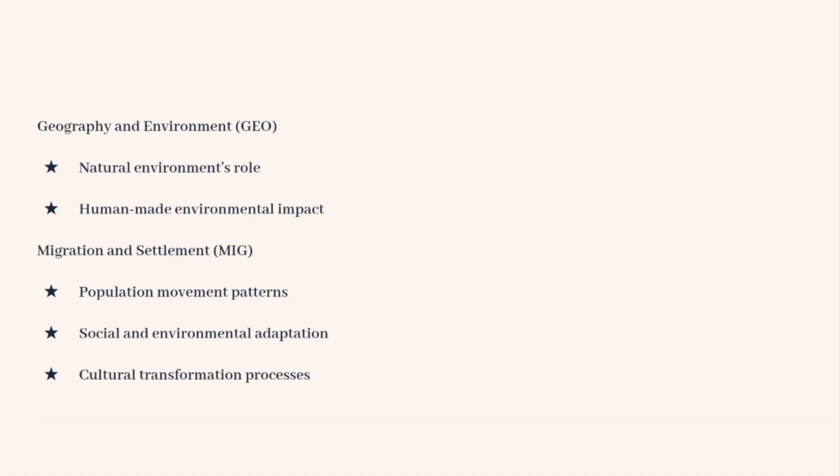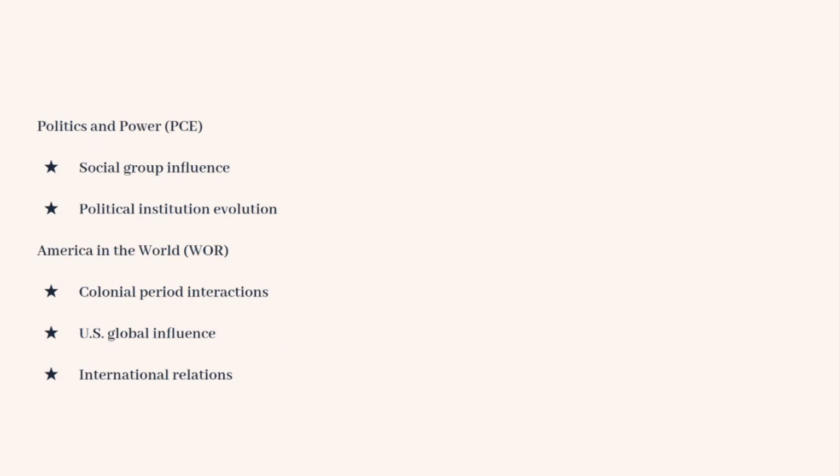Geography and the environment, or GEO, is going to be the natural environment's role and how human-made environmental impacts affect both the environment and the humans. Then you have migration and settlement, which is population and movement patterns, social and environmental adaptations, cultural transformation processes.